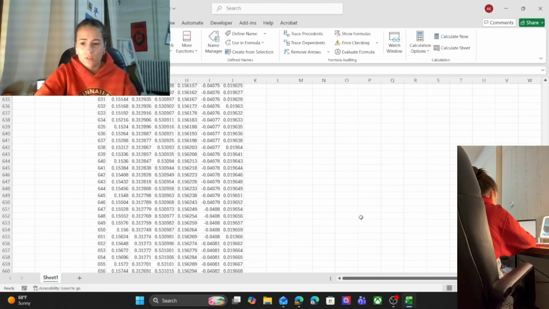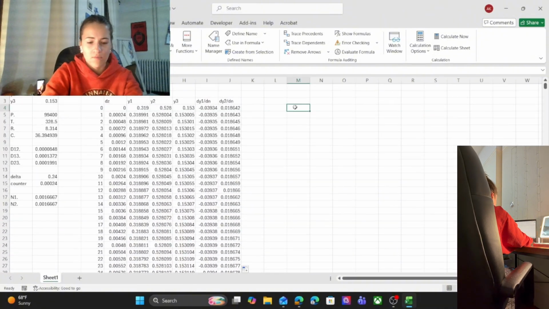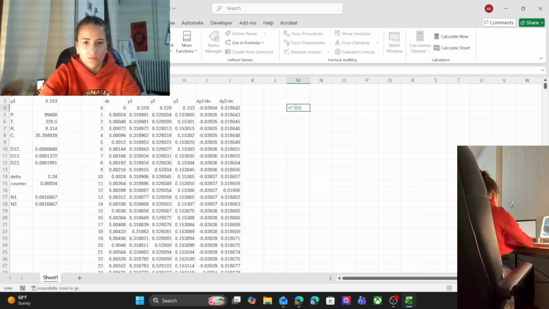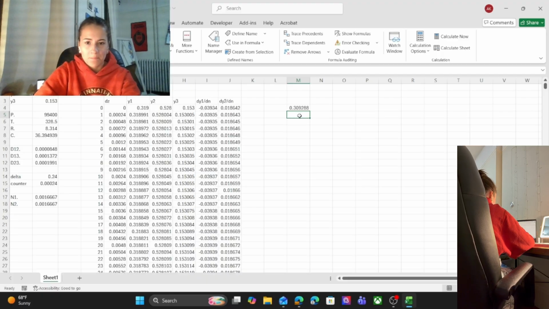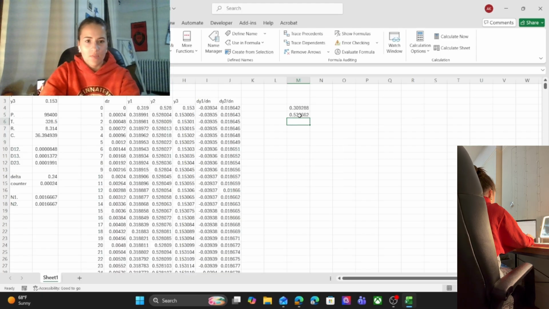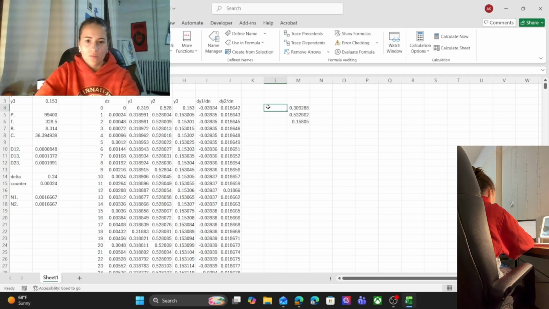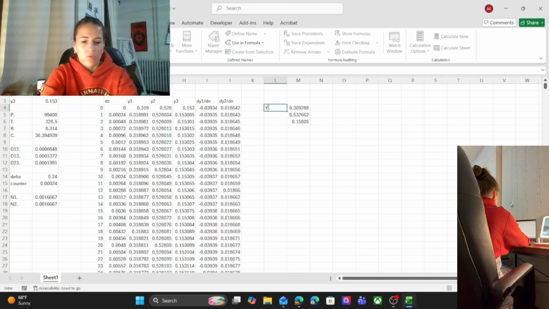So this is our value. Up here we have F1004, and then we have G1004, and then we have H1004. So this is the value of Y1 at our total length, which is delta.